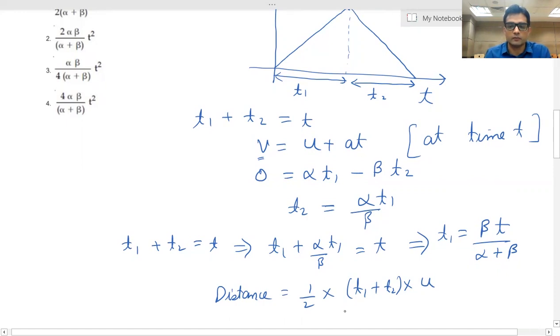So here I can put 1 by 2 into (t1 plus t2) into alpha t1. Here t1 is beta t upon alpha plus beta, and t2 is alpha by beta into t1. And u will be equal to alpha t1.